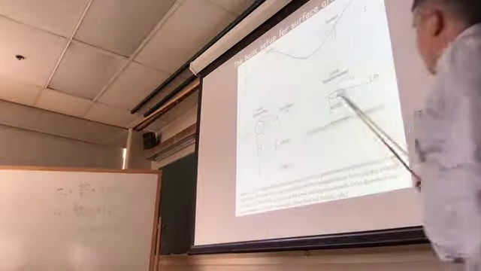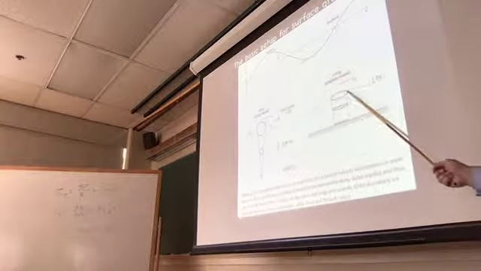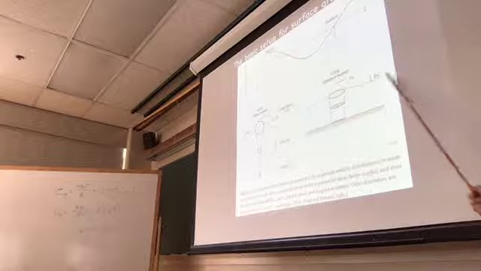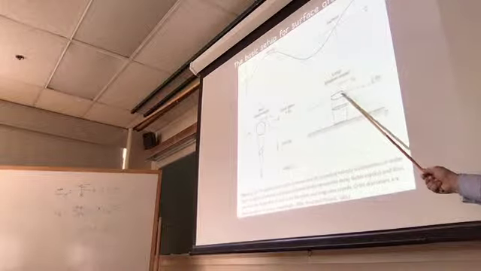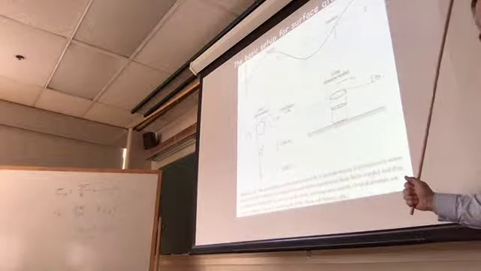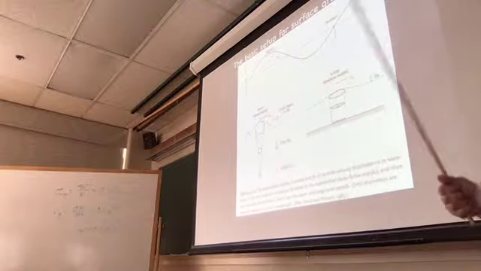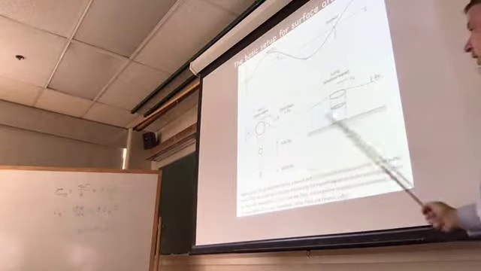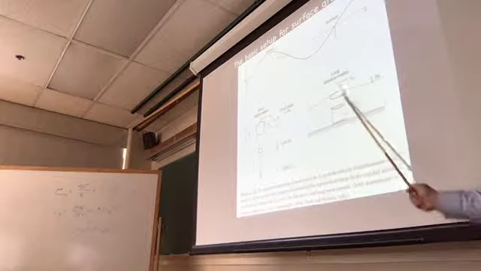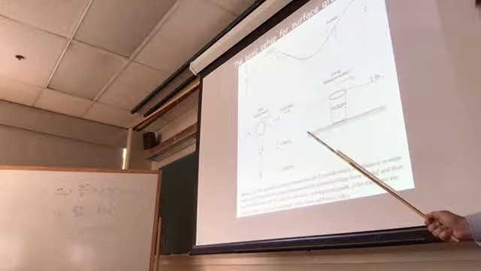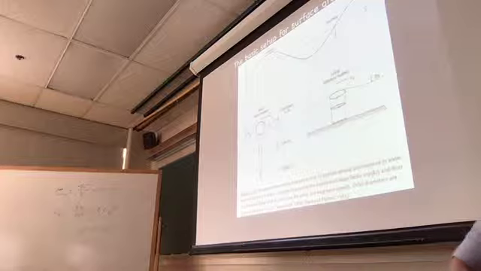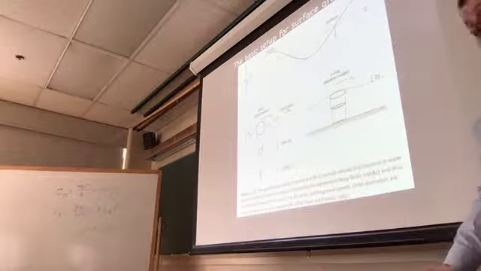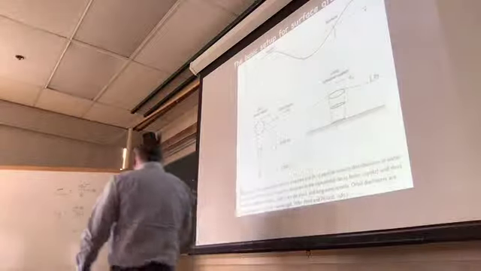So you can imagine a situation where you have a wave and you have the bottom. If I compare the wavelength to the depth, if the wavelength is much, much longer than the depth, then this decay won't have much time to happen. And so the orbital velocities would be more or less constant from top to bottom. That's called the long wave limit, or sometimes the shallow water limit. So the key comparison is the depth.